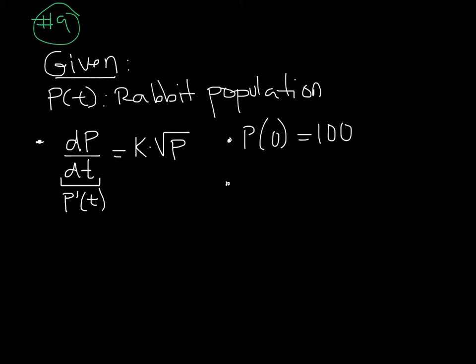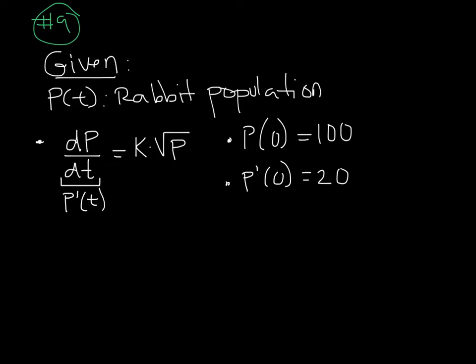So that's P prime of 0 equals 20, because it's increasing at the rate of 20 rabbits per month. This P prime of 0 is a rate, and this is your initial condition. We're starting with 100 rabbits, and every month it's going up by 20.